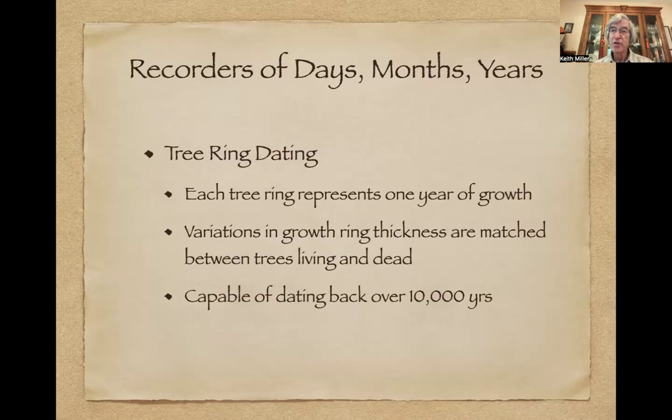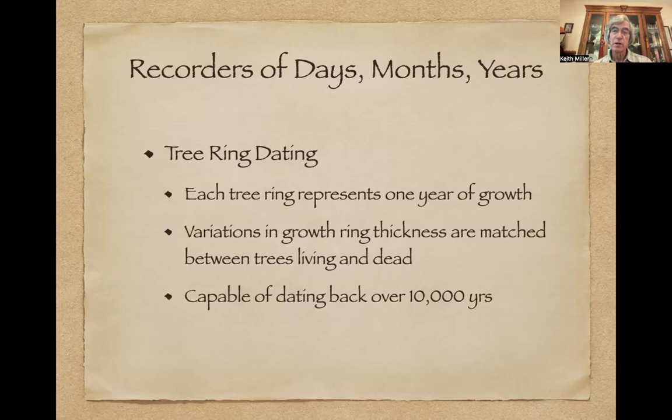Trees that have rings, particularly those that live in seasonal climates, grow rapidly in the spring, and then their growth slows down later in the year, and then in the fall they go into senescence and they stop growing, and then they don't start growing again until the following spring. So there's a sharp break in growth, and then there's rapid growth again for the next spring. And so one of those annual bands can be easily counted up.